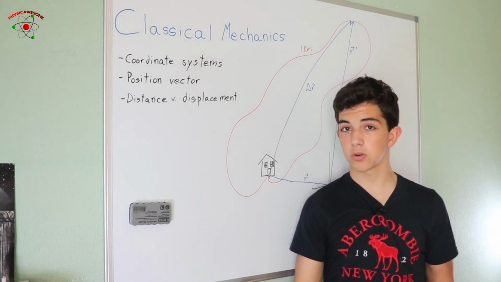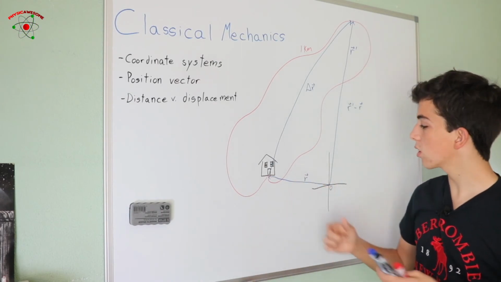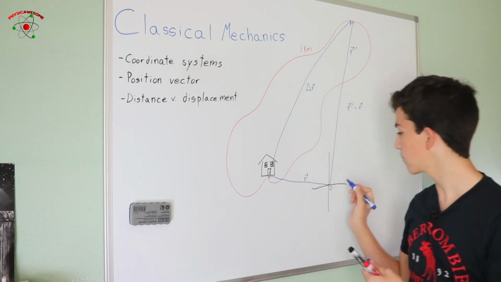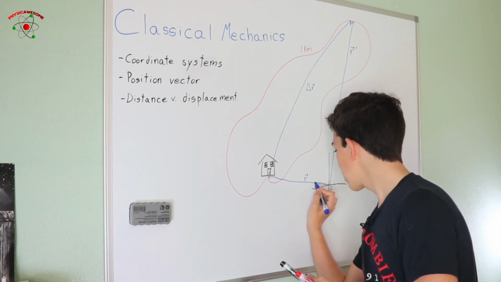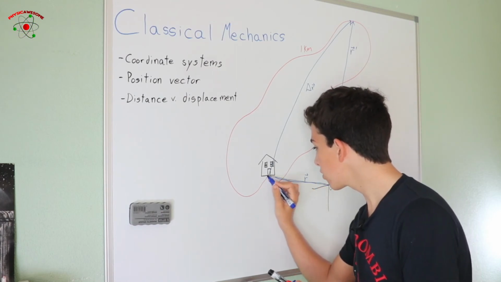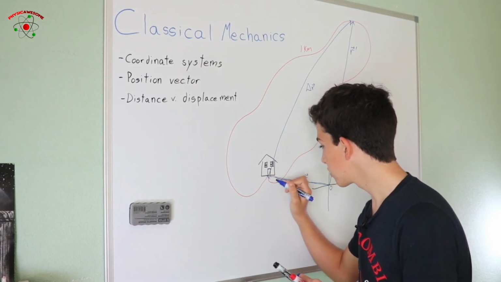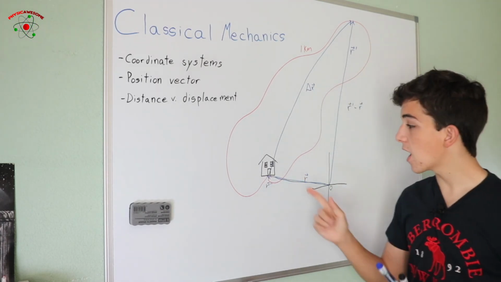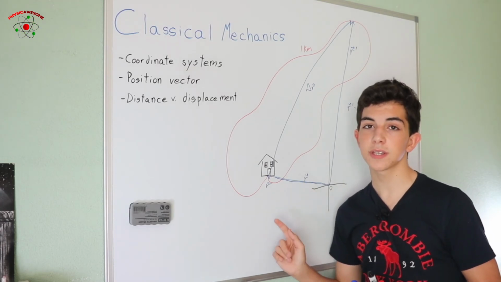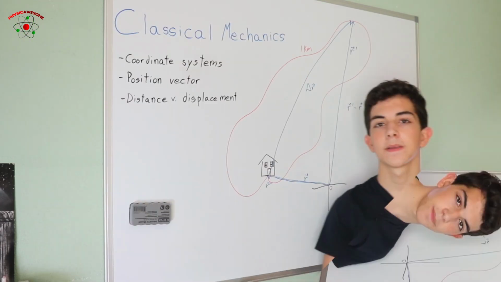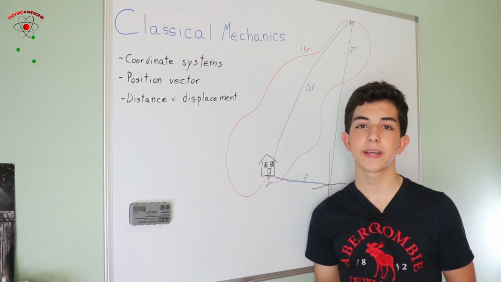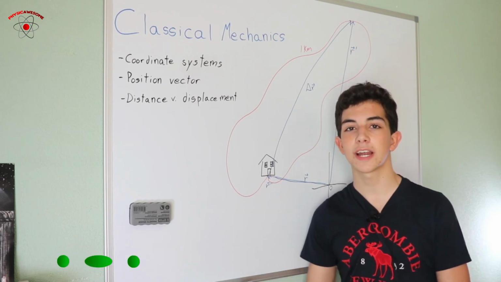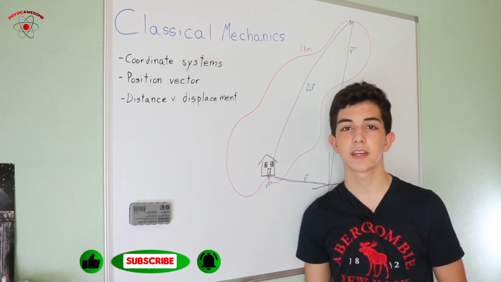And if you go till the end of our walk, once our new position vector is right on the door of our house, let's call that R double prime, our total displacement would be 0. These are the most basic concepts we are going to use in our analysis of classical mechanics.